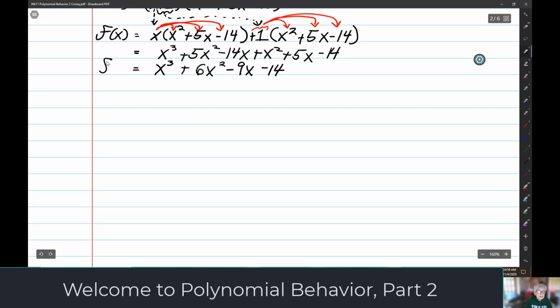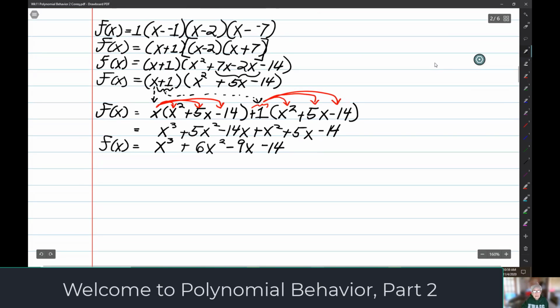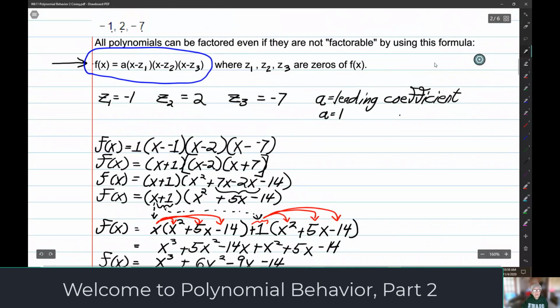So that is the polynomial function that is built from the interaction of these three numbers. And that's how zeros create polynomials.